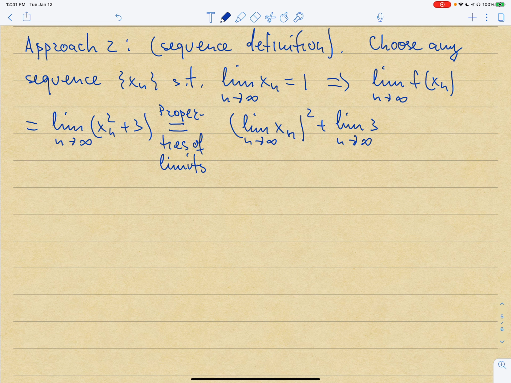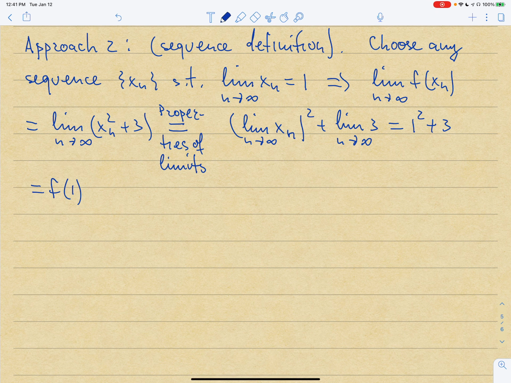And the limit of xn is 1, so 1 squared plus 3. And what is 1 squared plus 3? This is exactly f of 1. So if I take a sequence, the limit of which is equal to 1, then the limit of f of that sequence is f of 1.